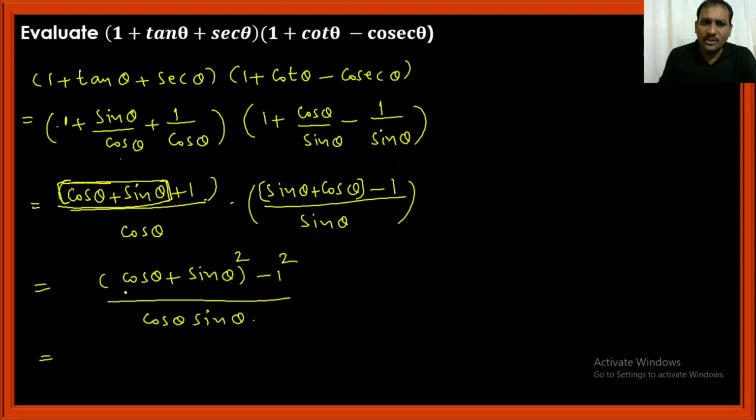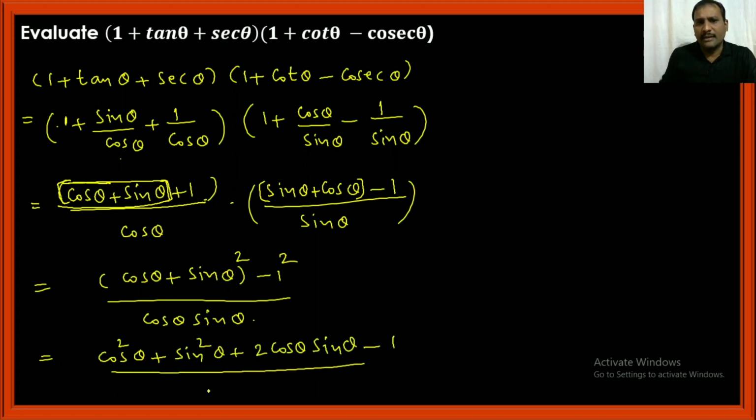Now expand the numerator in the form of a plus b whole square. So a square, that is cos square theta, plus b square sin square theta plus 2ab, 2 cos theta sin theta, minus 1 square is 1, by cos theta sin theta. Now we know that cos square theta plus sin square theta is equal to 1.